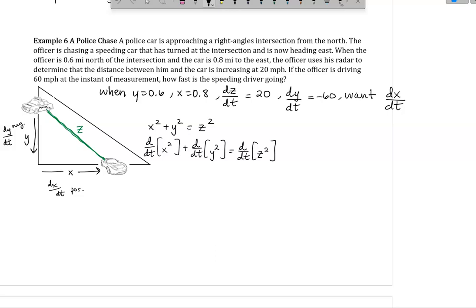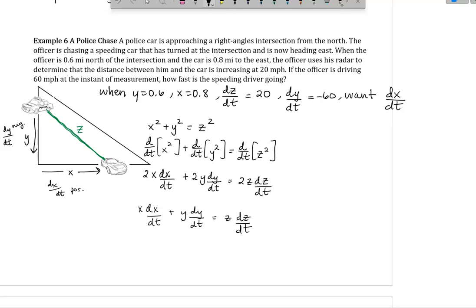Remember that all three of these variables are changing with respect to time, and so all three of them have a derivative. We will need to use the chain rule every time we take the derivative of a term in this equation. There's a 2 that shows up in every single term, so we can divide everything by 2 just to simplify and make this a little bit easier to work with.